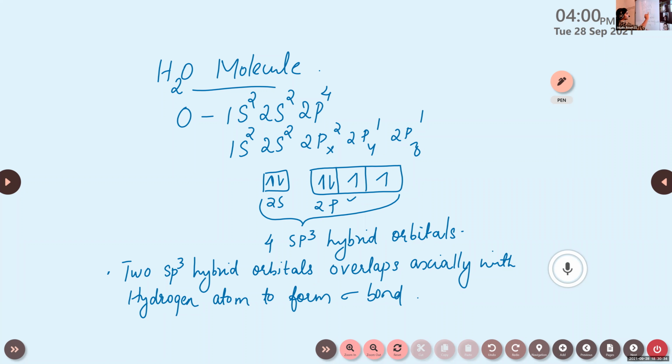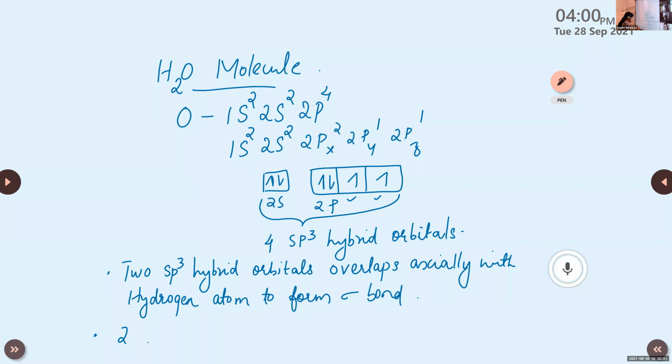So these 2 orbitals overlap axially with the hydrogen atom orbitals to form sigma bonds. Then the remaining 2 pairs of electrons will remain as lone pairs of electrons. So here, 2 lone pairs of electrons on the oxygen atom.